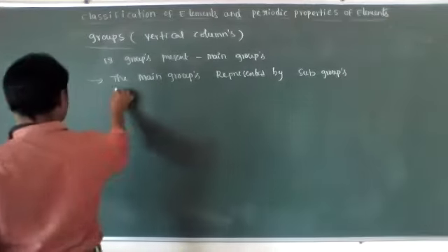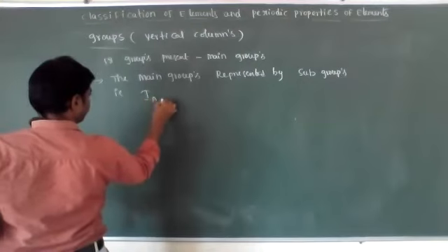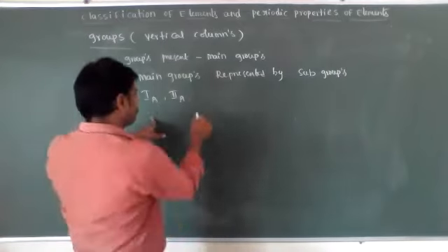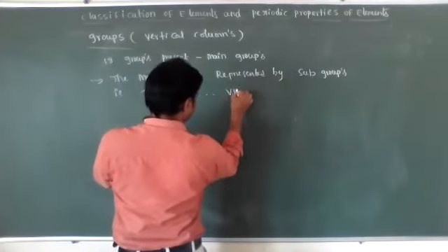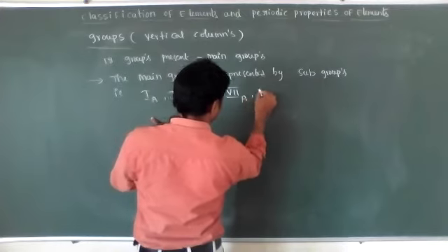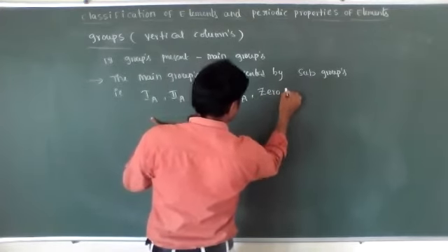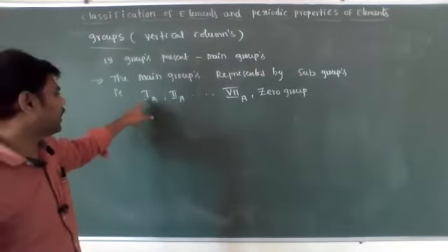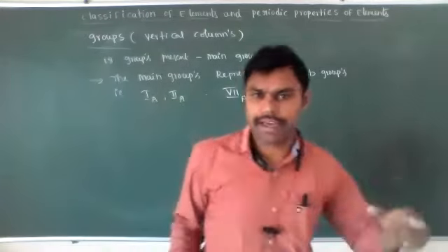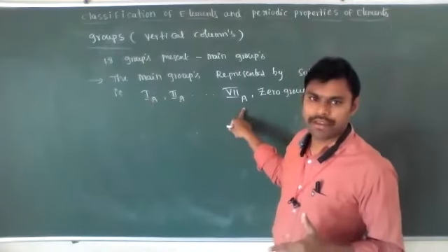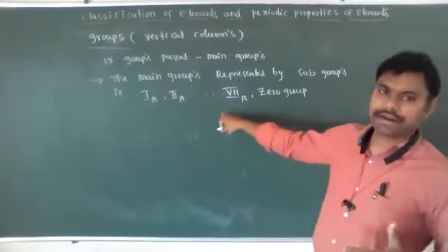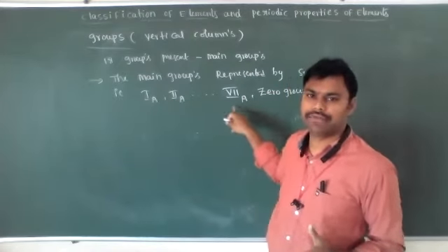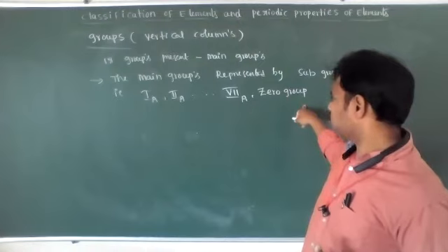That is 1A, 2A up to 7A, and the 0 group. Just imagine in your mind 1A, 2A, 3A, 4A, 5A, 6A and 7A. So these are the subgroup representations. These main groups are represented by 1A, 2A, 3A, 4A up to 7A and the 0 group.